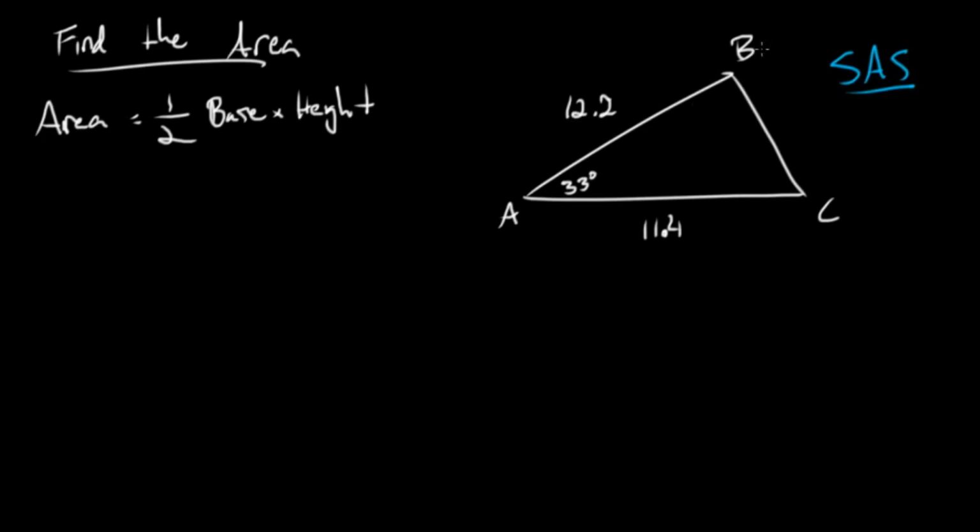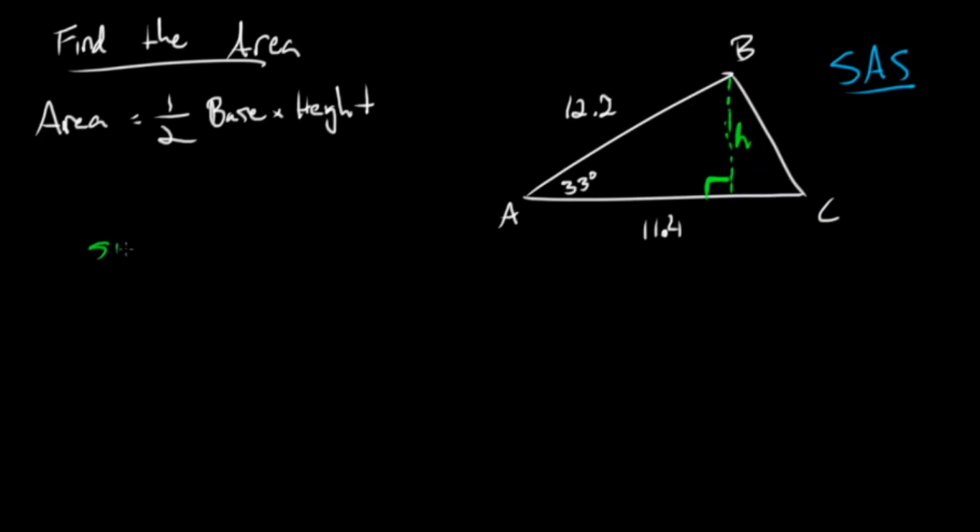All right, so if we want the height, let's find it. This is what we call dropping an altitude. Start at B and make its way to the other side at a perpendicular angle. We want this height, and I believe we have everything we need because we have 33 degrees here, and we have the hypotenuse of a right triangle. Let me get this whole formula going.